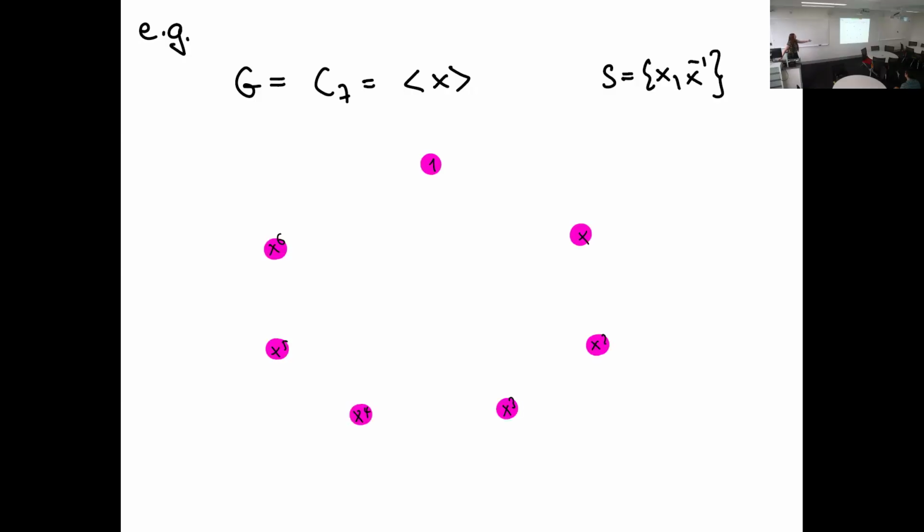So here are all the elements of the group, and then we need to put in the edges. So 1 will be adjacent to things in S, and then every element will be adjacent to the power before it and the power after it. So this is just going to be a cycle.